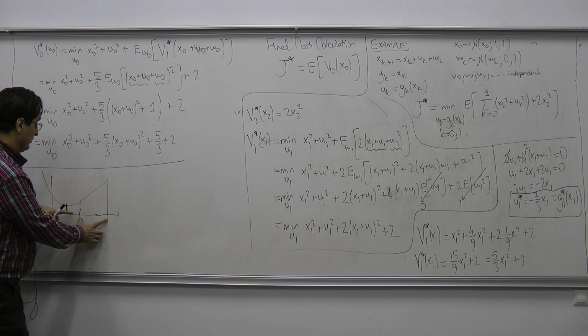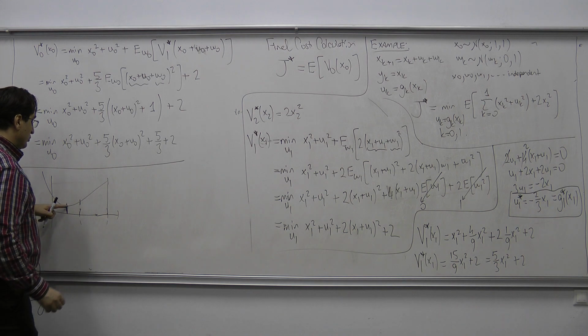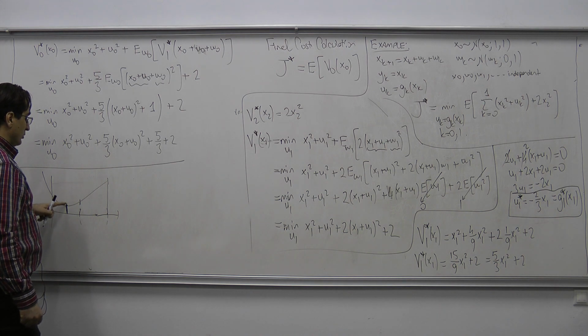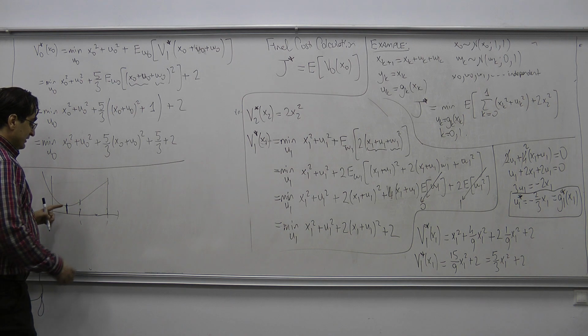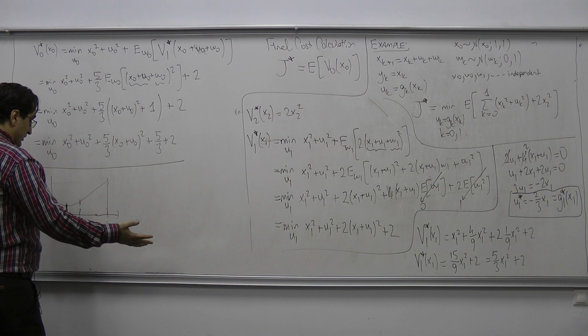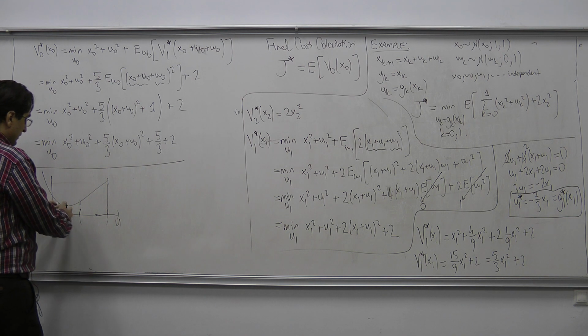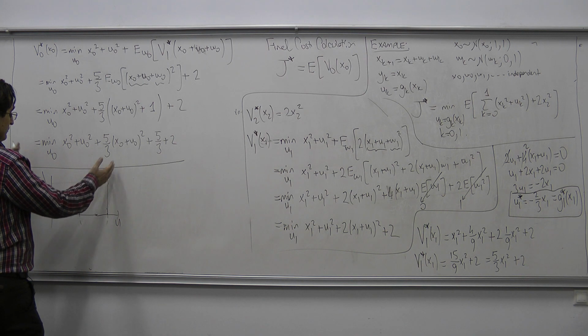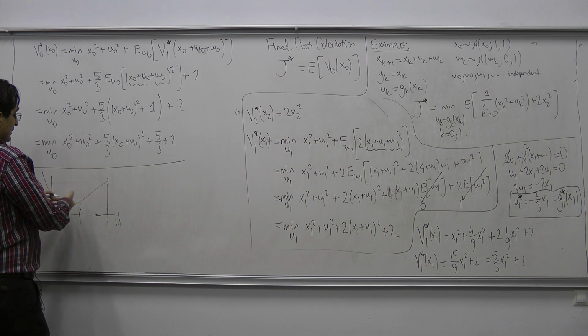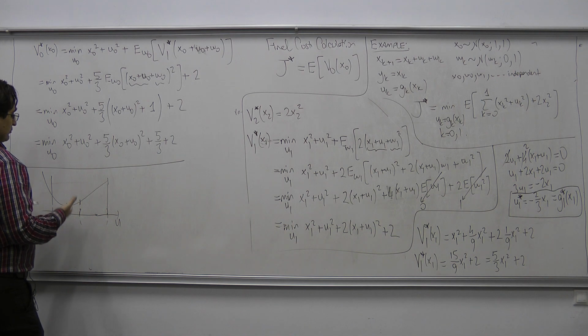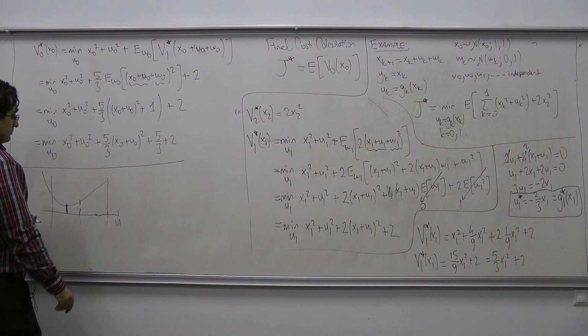Okay? So here, equating the result to 0 and solving for u is only valid when you don't have any constraints on the input variable. Okay? When you don't have any constraints and you have a quadratic function, equating the derivative to 0 and solving for u would give you the optimal solution.